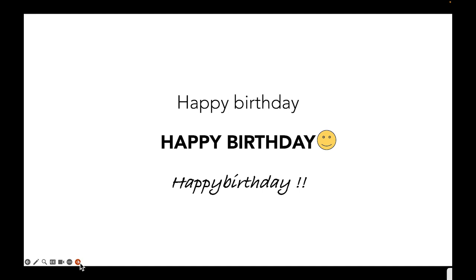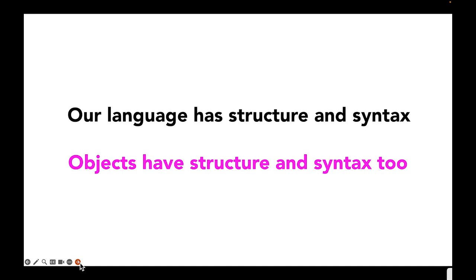Of course, if you're in this class, you would definitely know this series. So happy birthday, sort of screamed at someone, but there's a smiley face there. And then happy birthday. So a couple of exclamation marks change the way that we say a particular word or string of words.